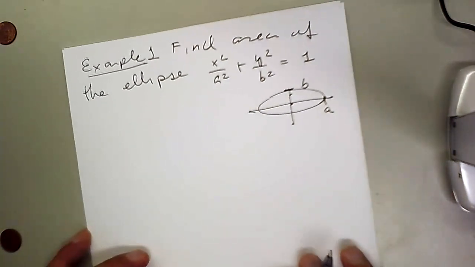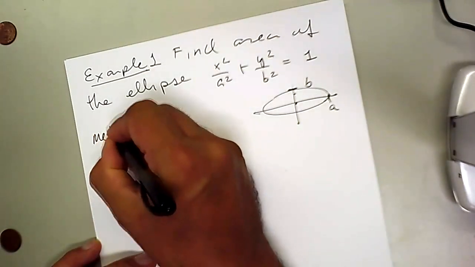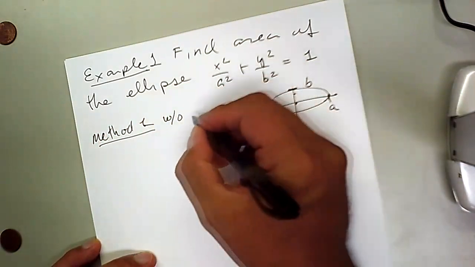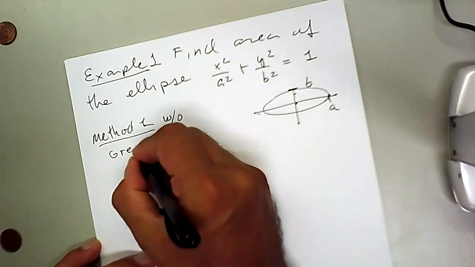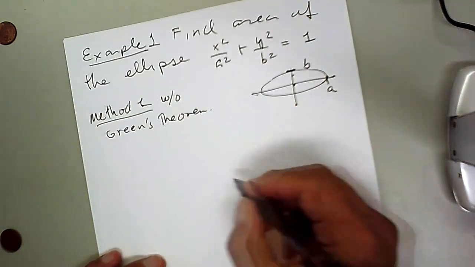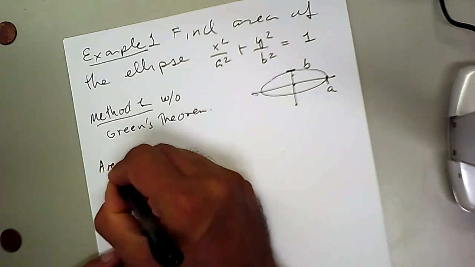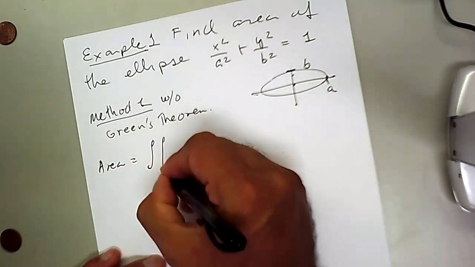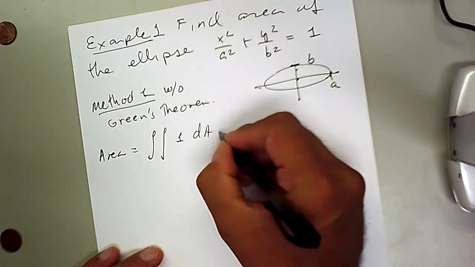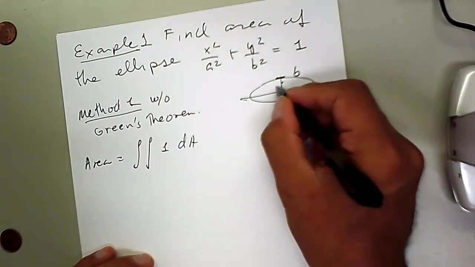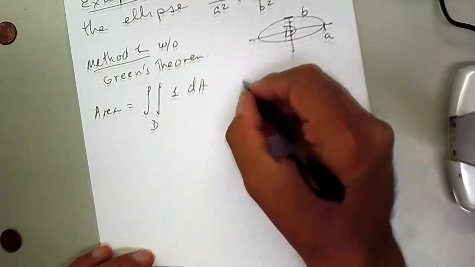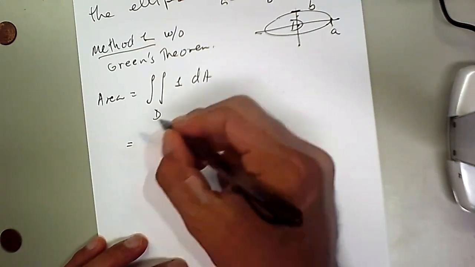So we're going to use two methods. Method 1, without Green's theorem. So that means we're going to find the area of the ellipse, which will be the double integral of 1 with respect to the area over the ellipse. Let's call this D. And now we have to break this up into an iterated integral.